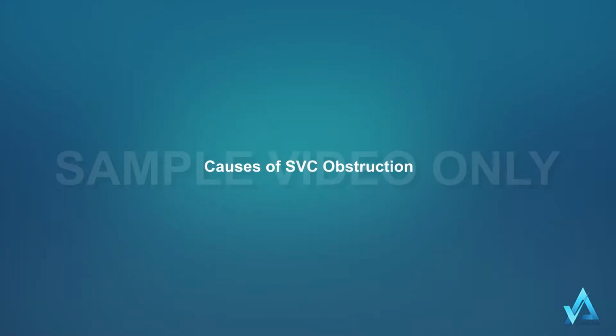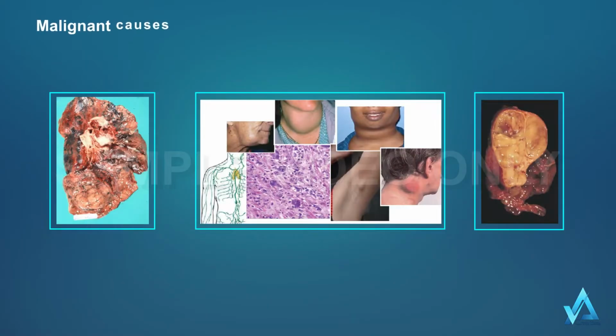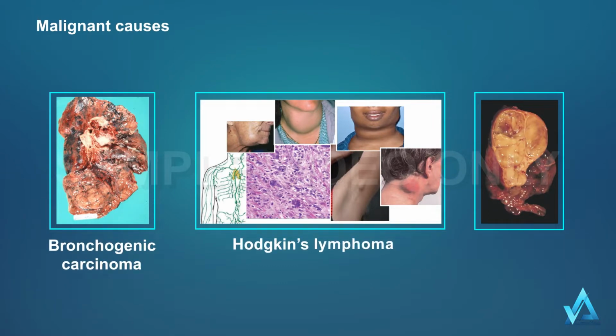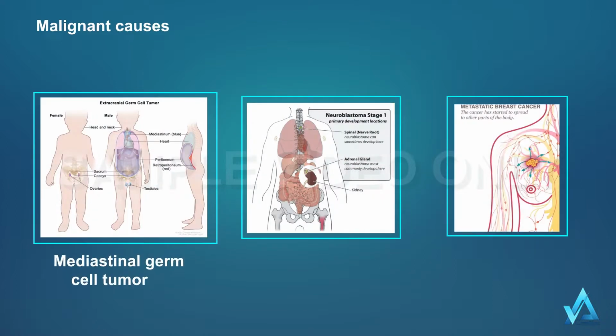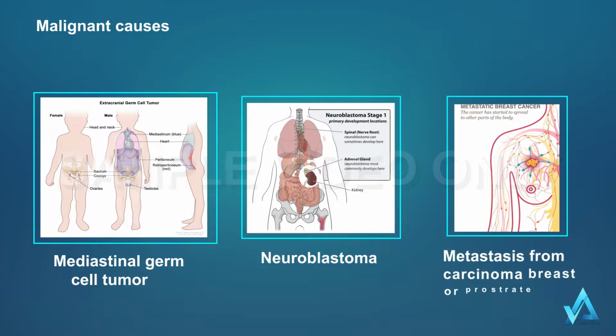Causes of SVC obstruction. Malignant causes: bronchogenic carcinoma, Hodgkin's lymphoma, thymoma, mediastinal germ cell tumor, neuroblastoma, metastasis from carcinoma breast or prostate.